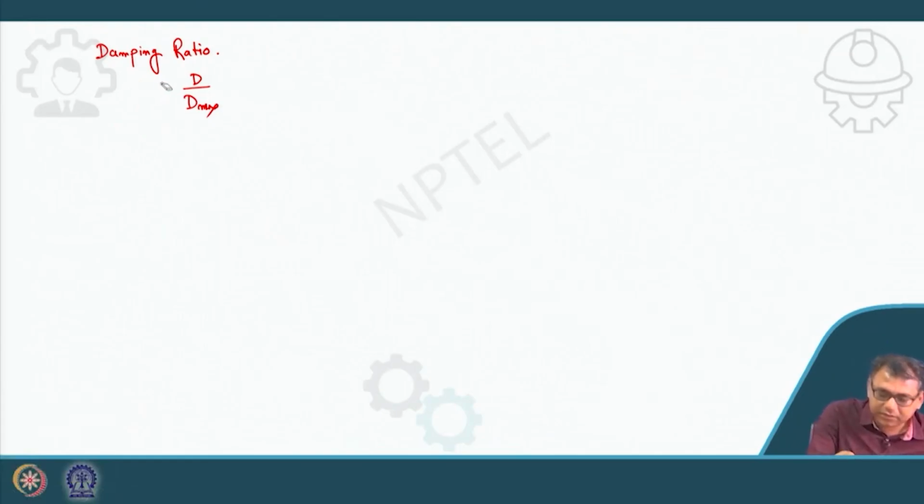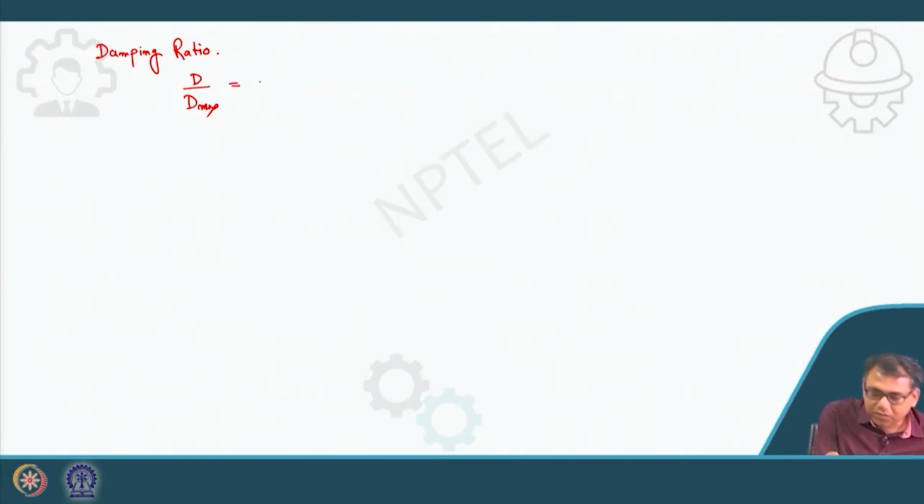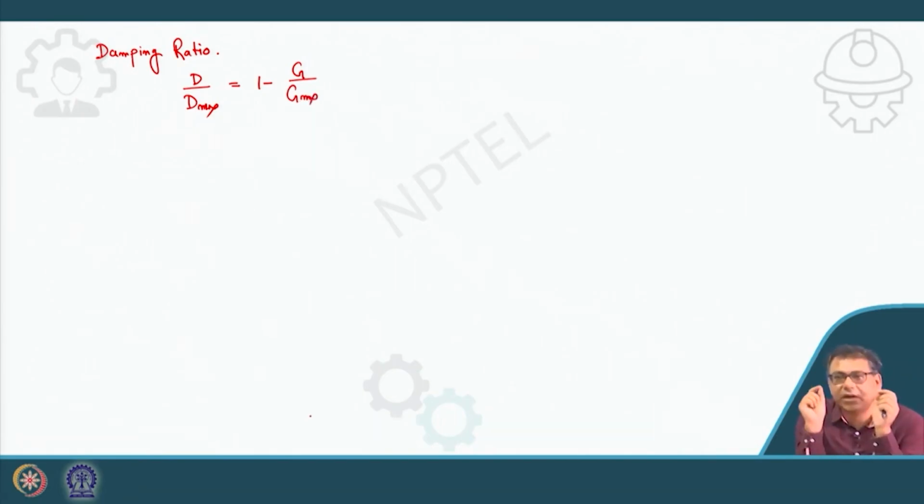So this is equal to 1 minus G by G max, which indicates that if G is equal to G max, then this D by D max, I mean your damping ratio, will be 0. The damping ratio is equal to maximum damping if your G is equal to 0.